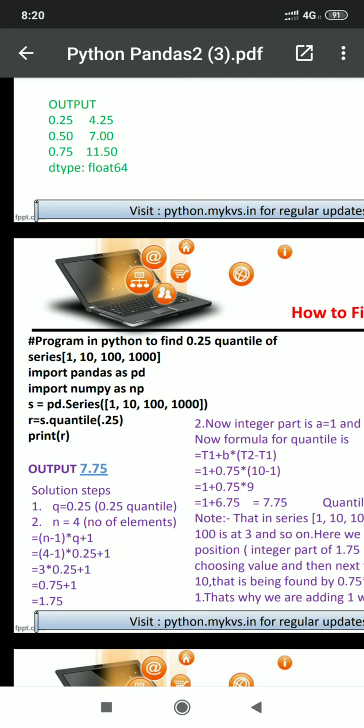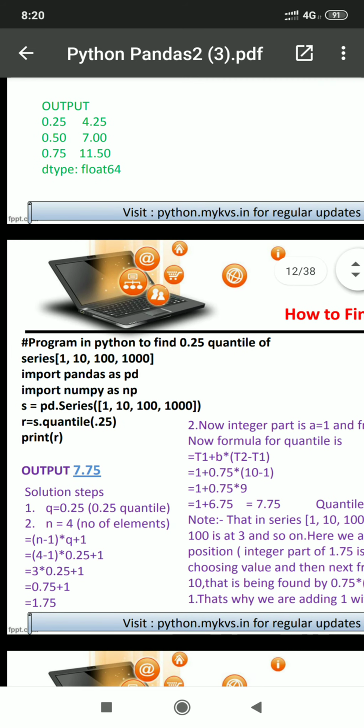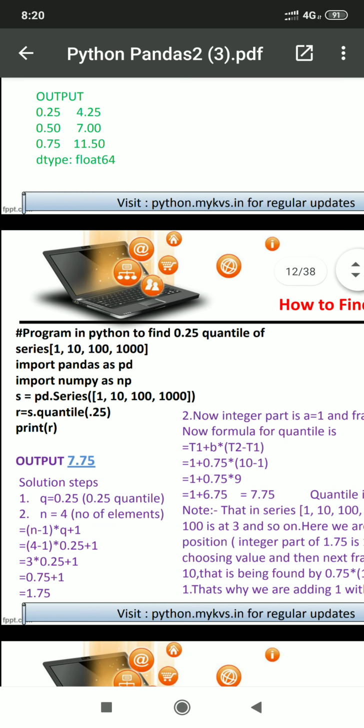Here our numbers are 1 and 10. So 1 is T1 and 10 is T2. So we fill in the values: T1 plus B multiplied by (T2 minus T1), which is 1 plus 0.75 into (10 minus 1).